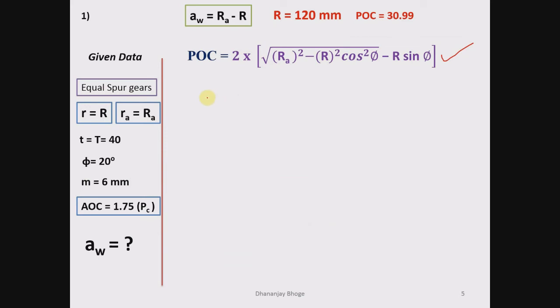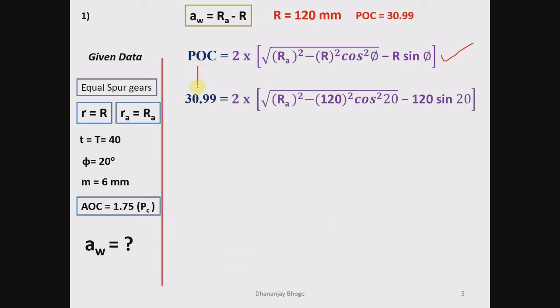Write the equation, substitute the values, and tell me the value of RA. So we have path of contact as 30.99. Pitch circle radius is 120. And pressure angle is 20 degrees.